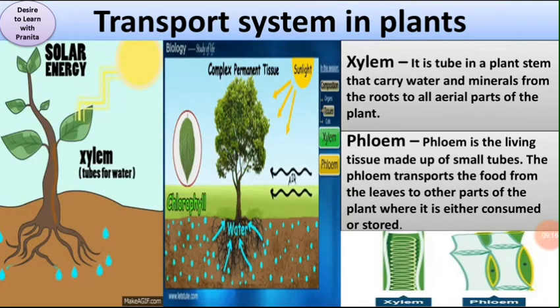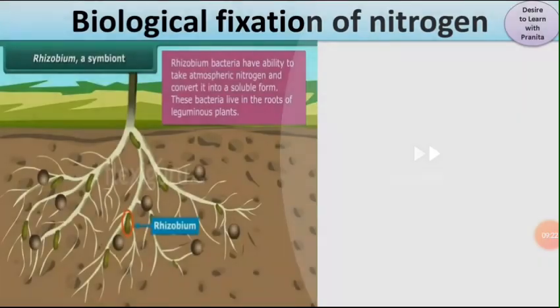That is the transport system in plants. The next will be biological fixation of nitrogen. That means nitrogen is present, but the plant does not take nitrogen directly like they take carbon dioxide. So how does the plant that needs nitrogen take it?